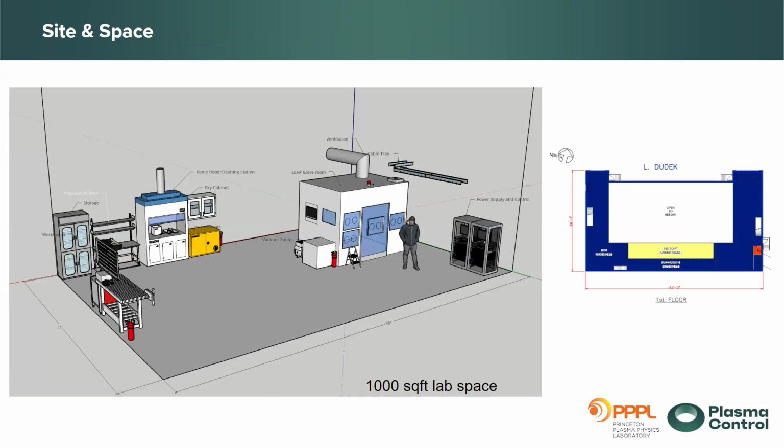And I'm here to show you a little concept of what the lab will probably look like. And I put a human there so you can see the size of the box and some relative items, for example, the fume hood, the cleaning stations, and the storage will be in close proximity to the glove box.